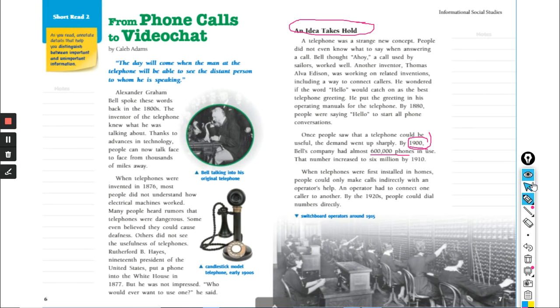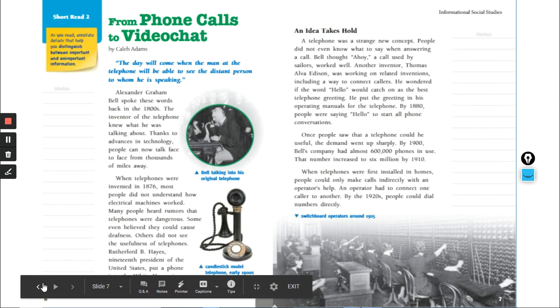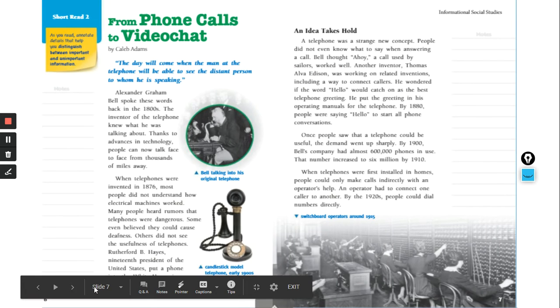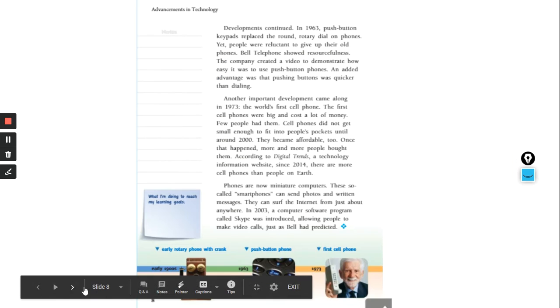Now, if you remember, the second part of that question was, when did cell phones come into use? So I'm looking here and I don't really see a lot of cell phones on this page, do you? I know I don't. So I'm looking at the bottom of page 8, and I see a timeline.